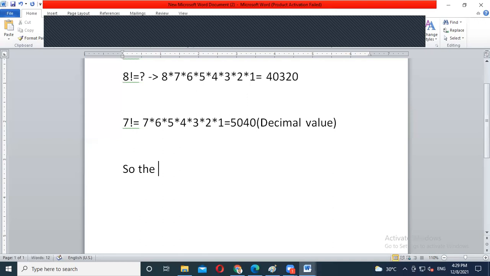So the hexadecimal value of 5040 is equal to how much? 13B0. This is the decimal, right?